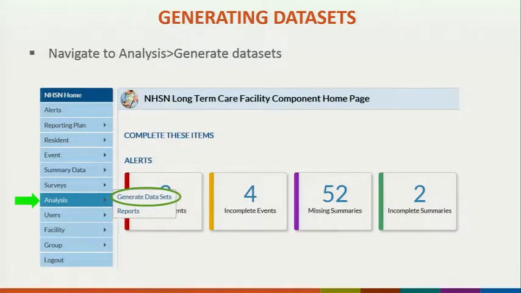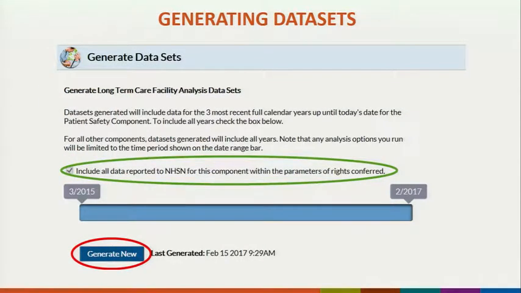To generate data sets, you would navigate to the menu, click on Analysis, and then click on Generate Datasets. This leads to the Generate Datasets page. So you would first click on the box that I've highlighted with the green circle, which says Include all data reported to NHSN. What this box does: if you have been entering data into NHSN from 2013 or 2014, you would want to click this box because then you would get all of the data that you have entered since then.